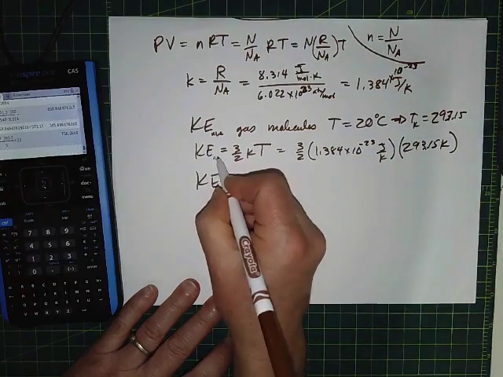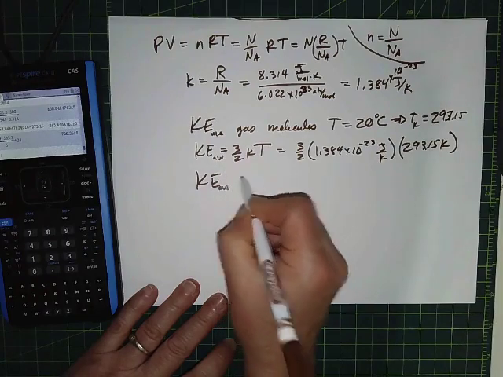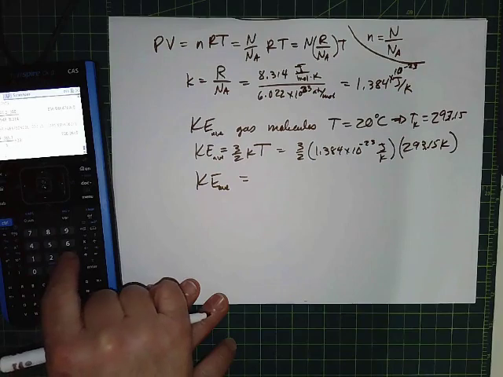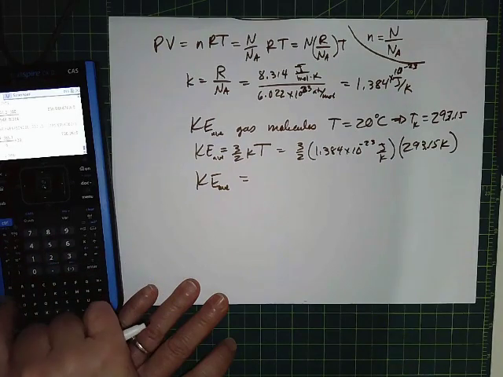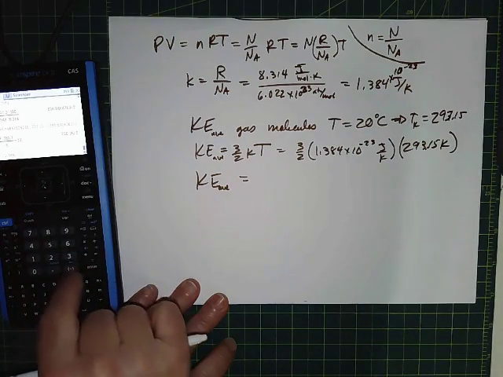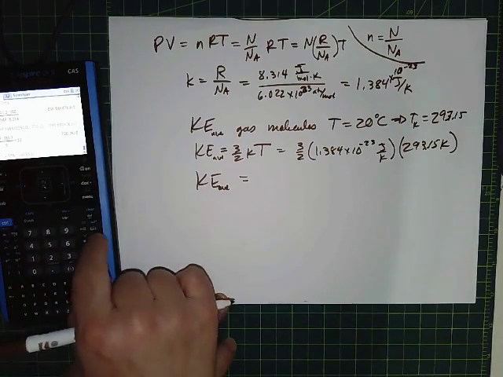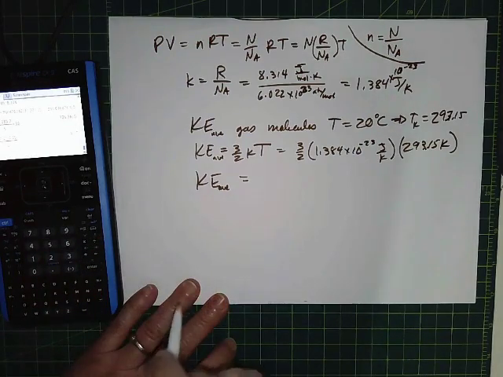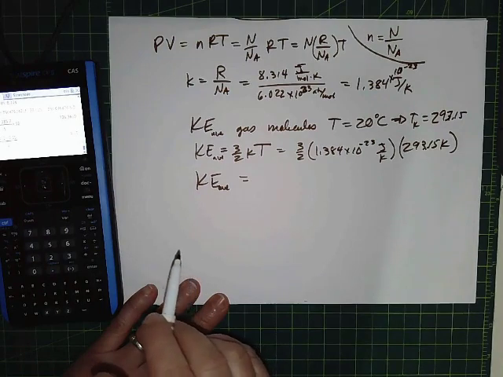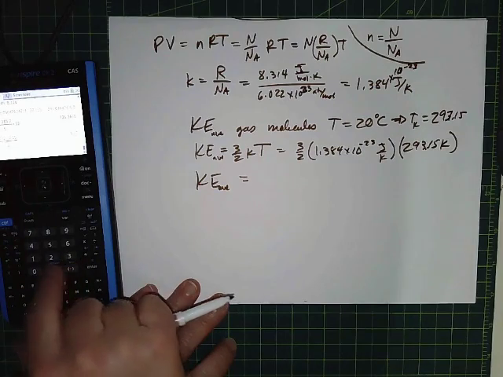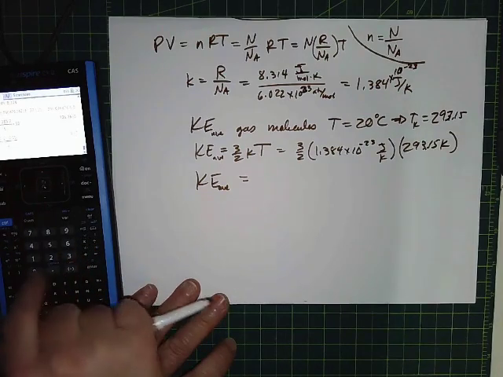And so KE average is 3 times 293.15 divided by 2. And what happened? I lost something. 3 times.